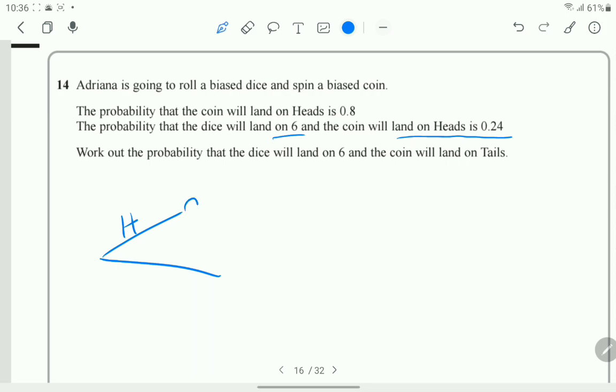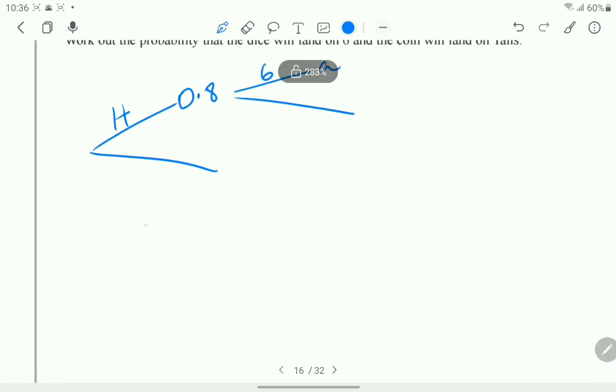So the probability that she gets heads on the coin toss is 0.8, and the probability that after the heads she gets a 6 is a. So we know that the probability of these two events will be the outcome of multiplying 0.8 times a, which equals 0.24.